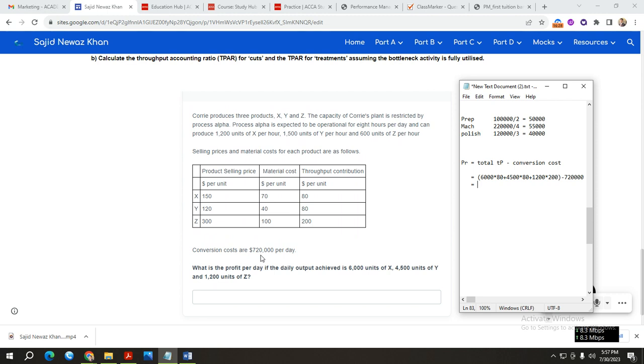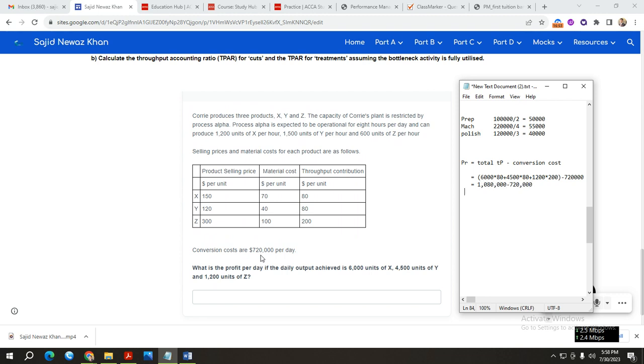So how much that is? That's 1,080,000 minus 720,000. Better if you put the zeros. The perspective is better.